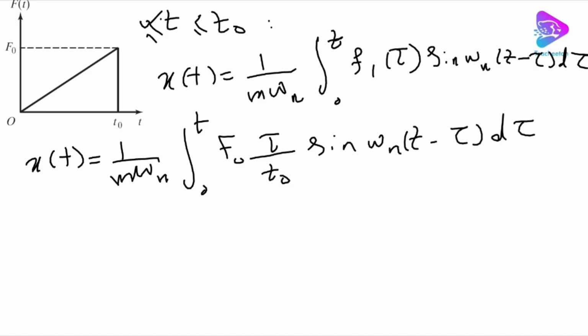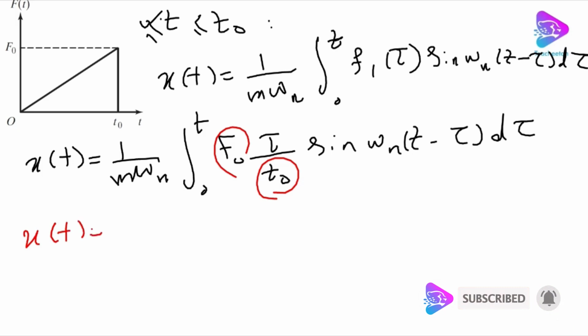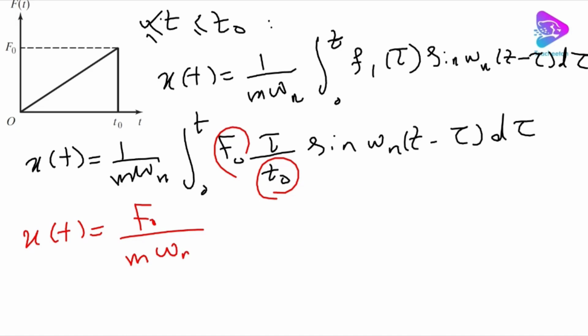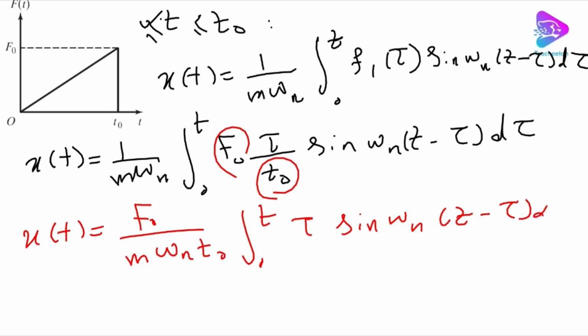We can take the constant components out, and we have x of t equal to f naught divided by m omega n t naught, integral from 0 to t of tau sine omega n (t minus tau) d tau.